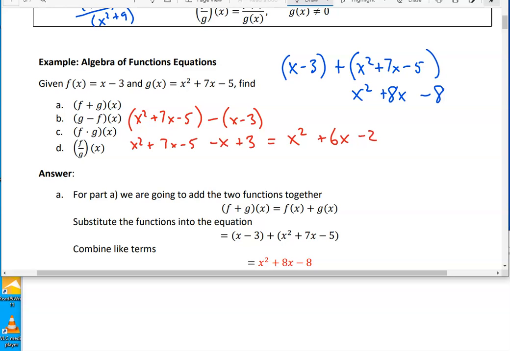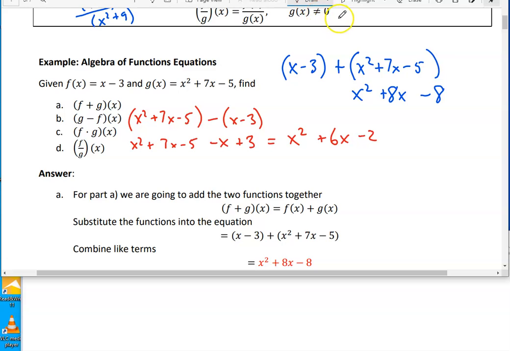Notice I cannot combine x squared plus 6x. That does not become like 7x plus 1. I leave that alone. That's the best I can simplify it. Any exponents, they can't be combined with different powers of x. Let's see if I got the right answer.